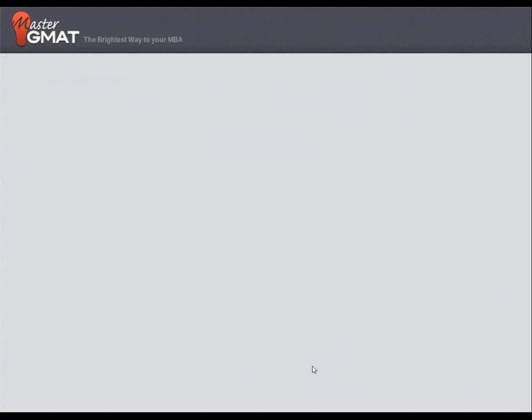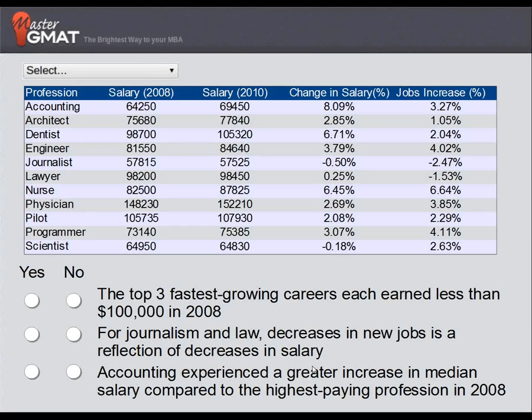On the real GMAT, they will usually specify and make it clear. If it's not clear, do your best to guess what the test maker is trying to ask for. It's usually absolute magnitude and not percentage.